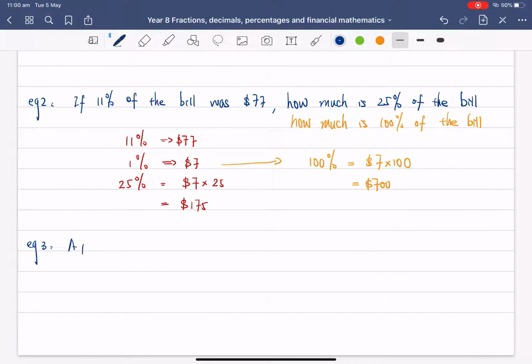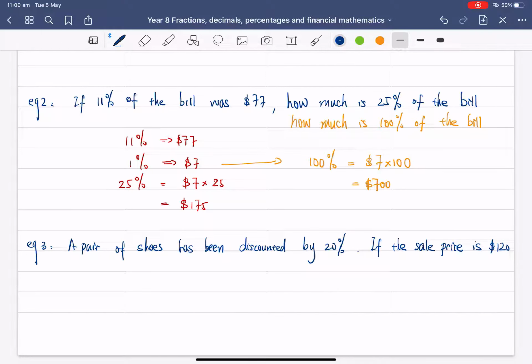The next question is: a pair of shoes has been discounted by 20%. So you know that it is 20% off. This is the discount. And then the question says the sale price, so the price after discount, is $120.